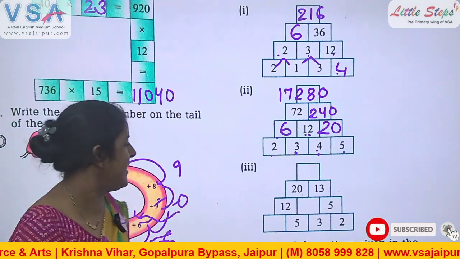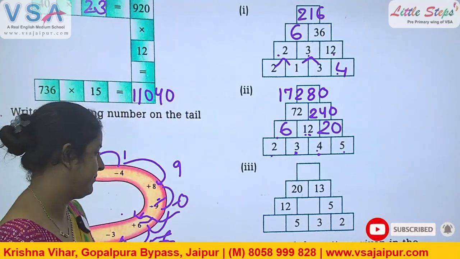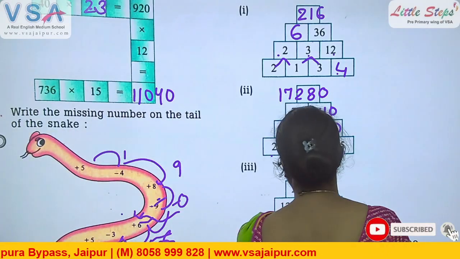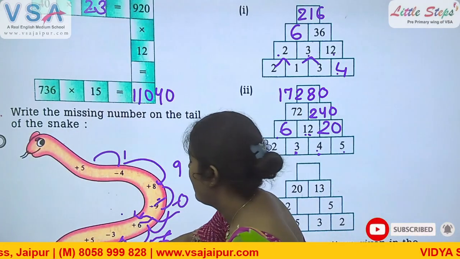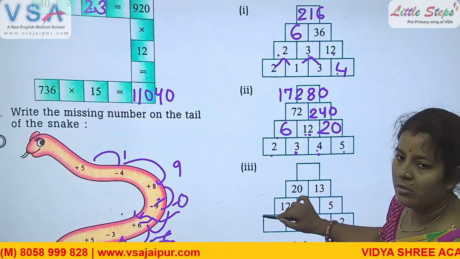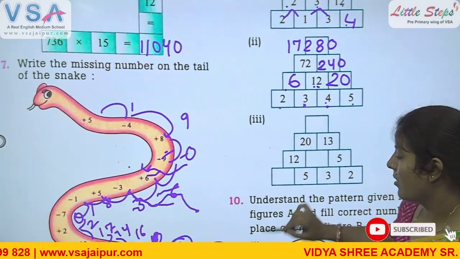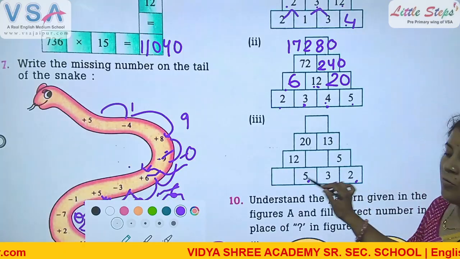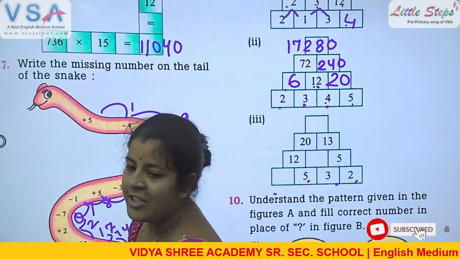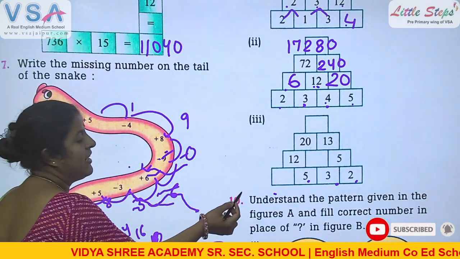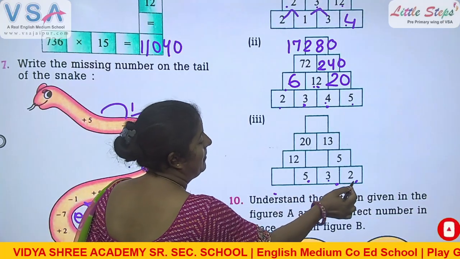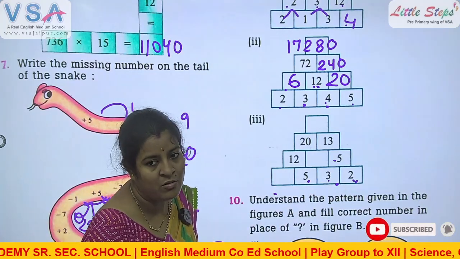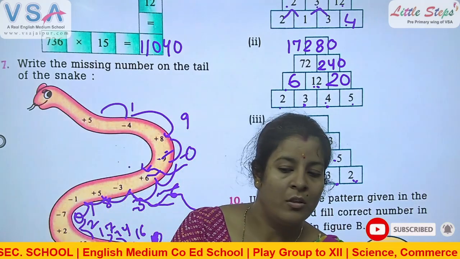And the next question is, class, please look at the board. 5, 3, 2. And the first number is missing? Yes and no? And the next step is 3 plus 2, the addition? Yes and no? Which operation is followed? Addition.